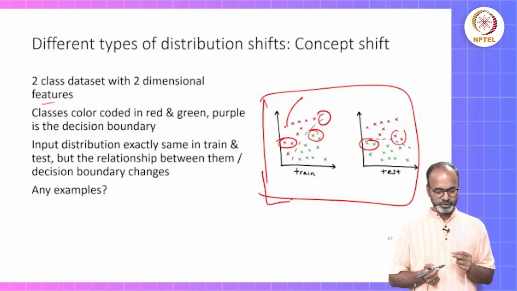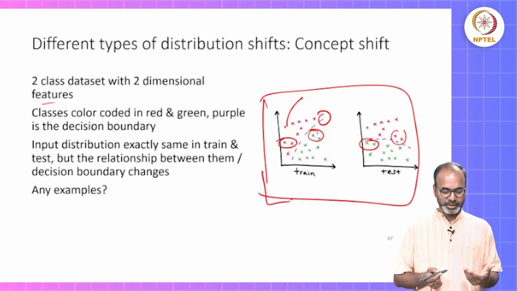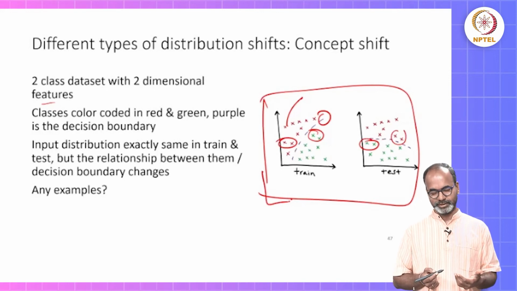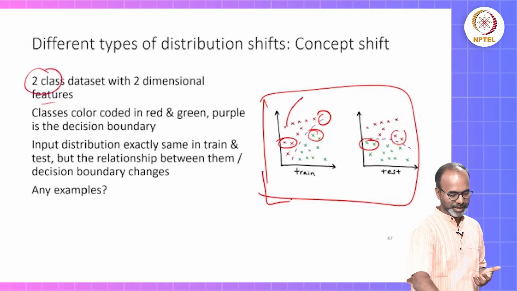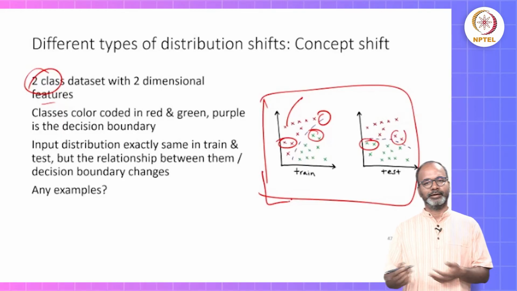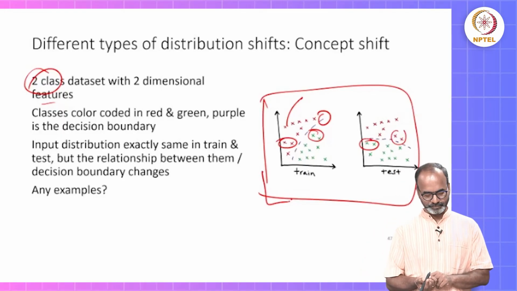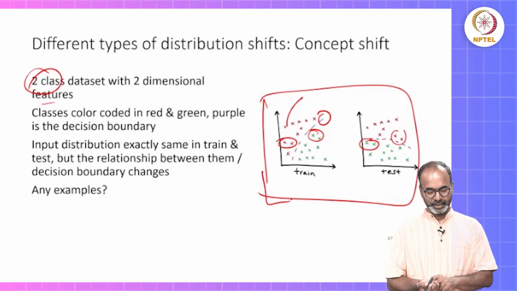The input distribution is exactly the same in the train and the test, but the relation between them, the decision boundary, changes. For example, in this case, you could think of it as a two-class problem, like a cat and a dog, and it could have changed. Any other examples that you can think of?